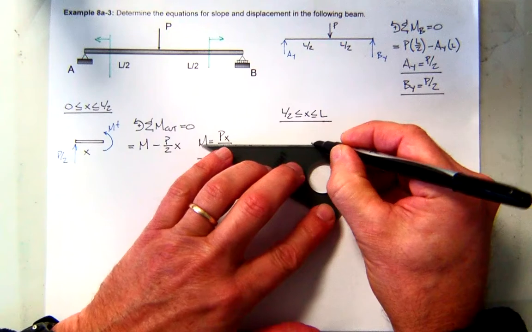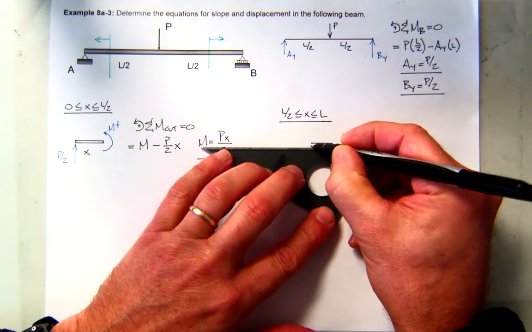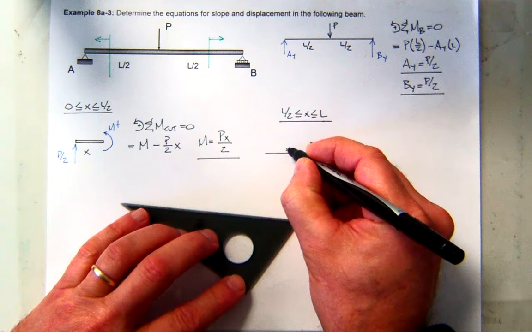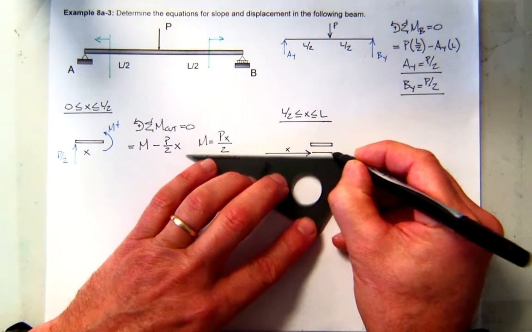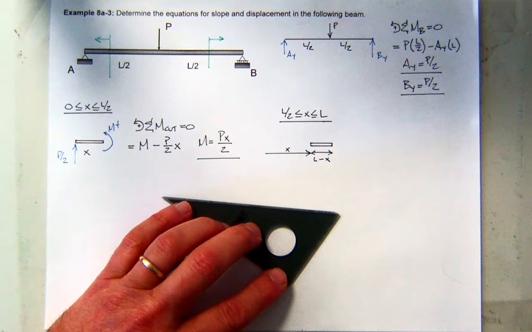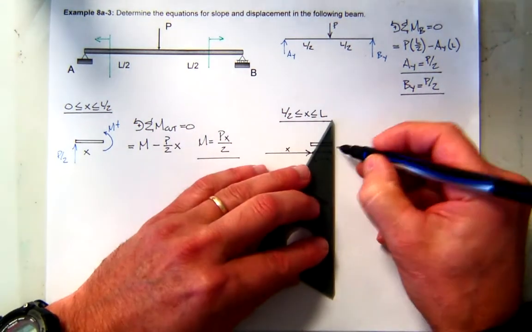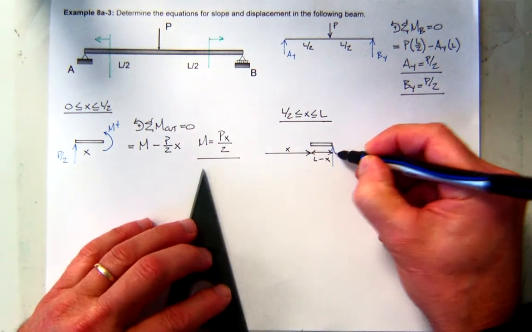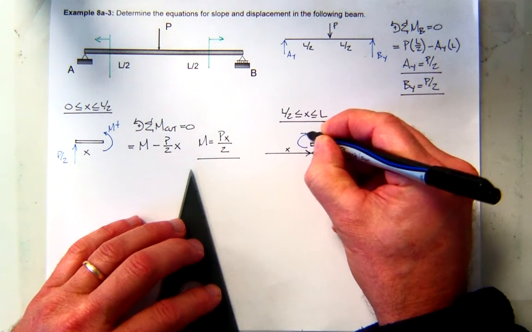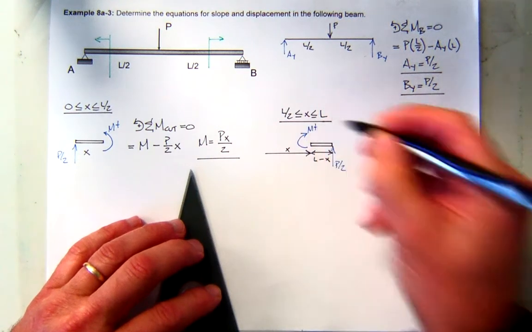In that case, I'm going to look at the right-hand side, which we know will be a distance x to the cut, and then the remaining little piece will be L minus x. On the right-hand side, I'll have my force P over 2, and then there's positive bending moment.